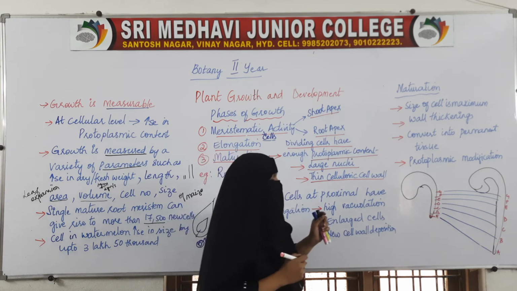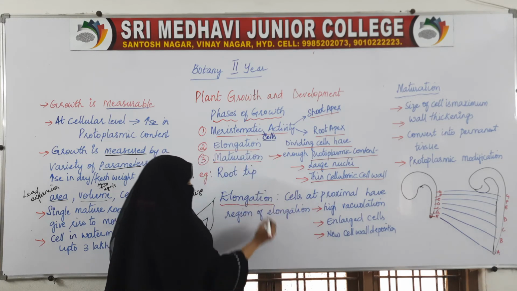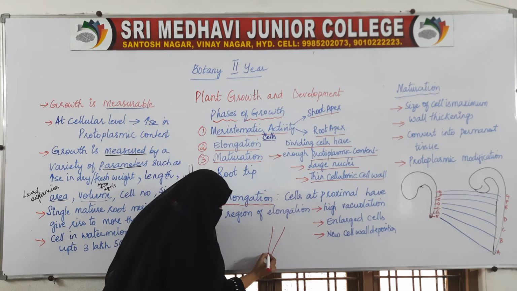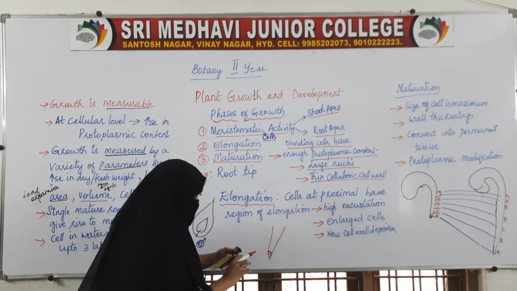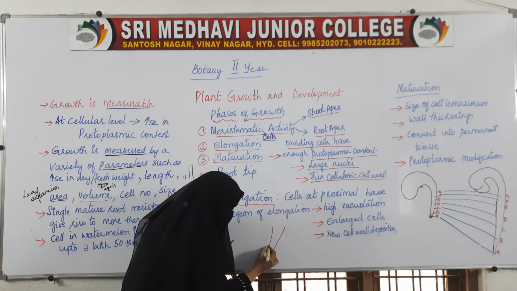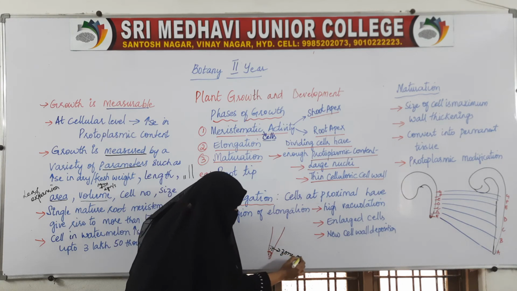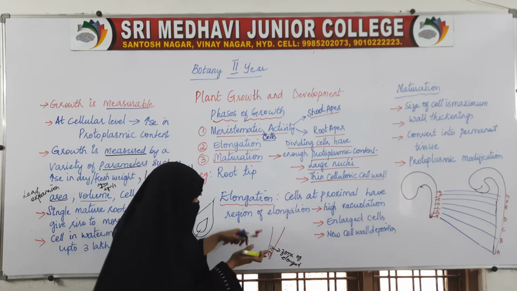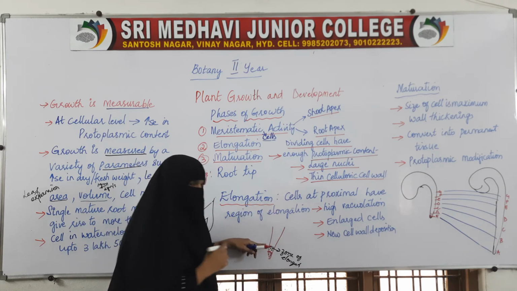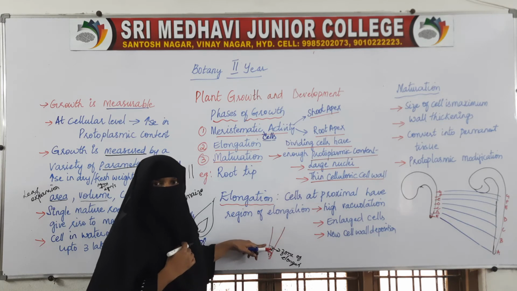Now, for example, if this is the root and this is the tip, here meristematic cells will be present. Just above the meristematic cells we have the zone of elongation. The newly produced cells move upwards and start the process of elongation.